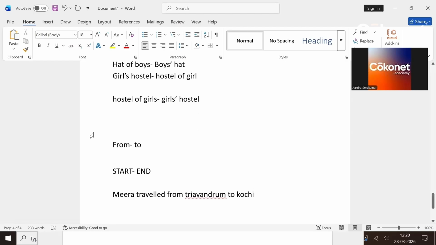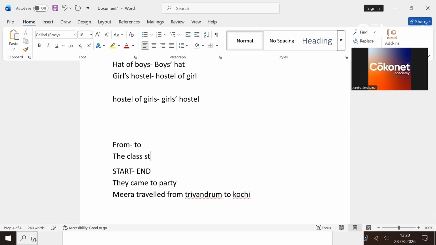So here this indicates a start and end. Also, they came to the party. Here also it's a location, an end location. They came to the party.